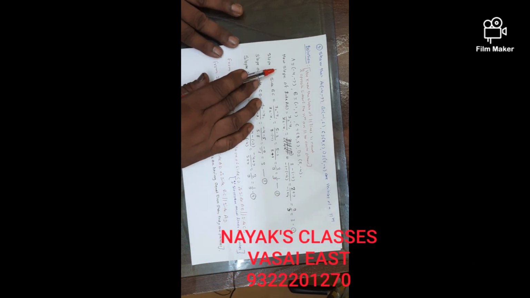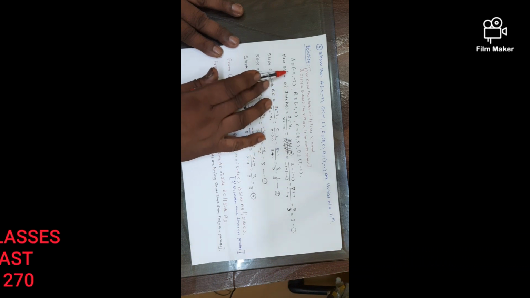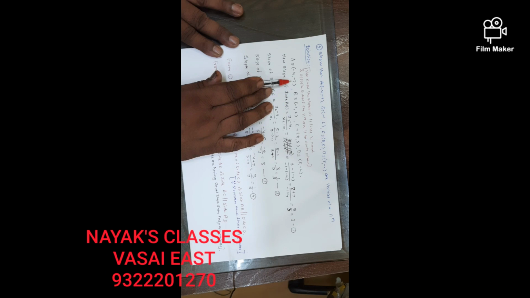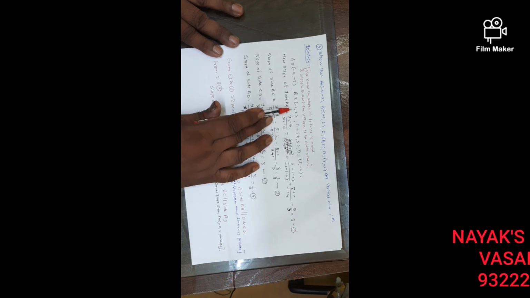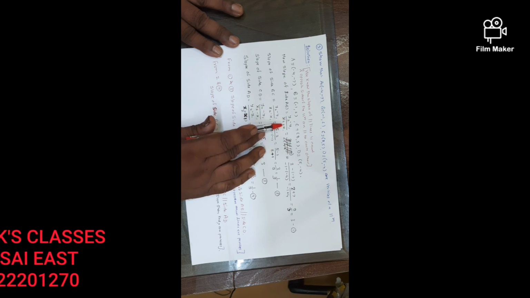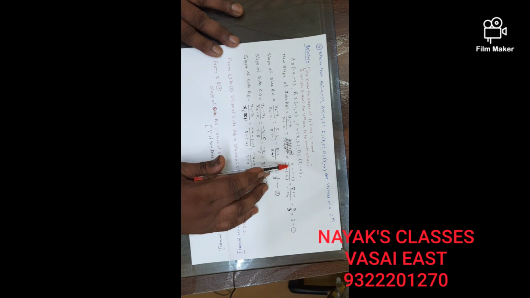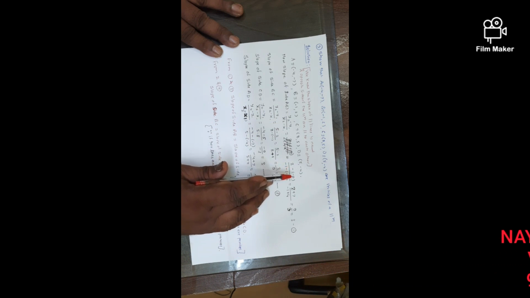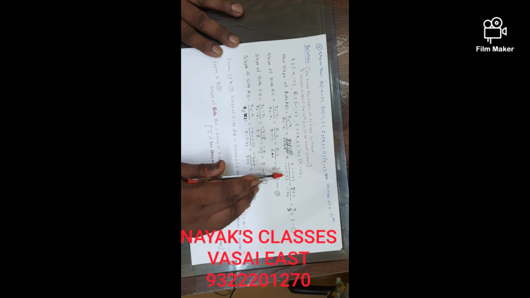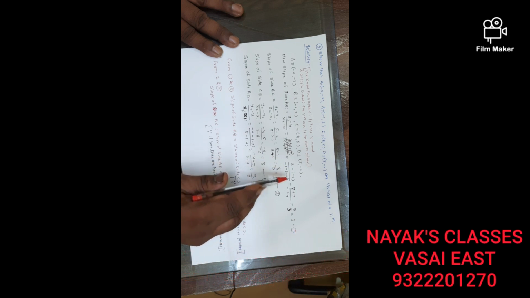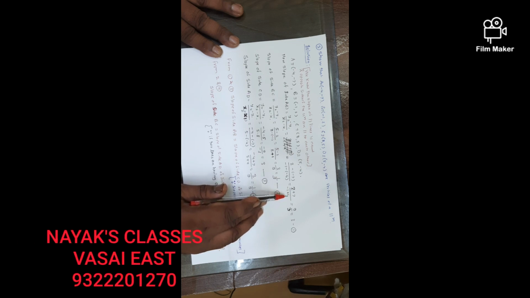So first, as usual, slope of side AB. So coordinates of A will become x1, y1, and coordinates of B will become x2, y2. So y2 minus y1 upon x2 minus x1 is equal to 2 minus into bracket minus 7 upon minus 1 minus into bracket minus 4, which becomes 2 plus 7 and minus 1 plus 4.